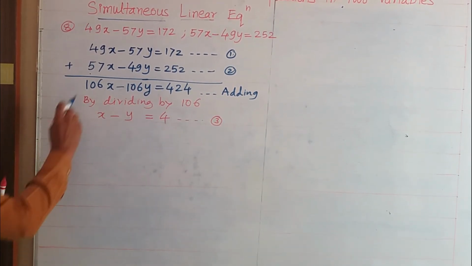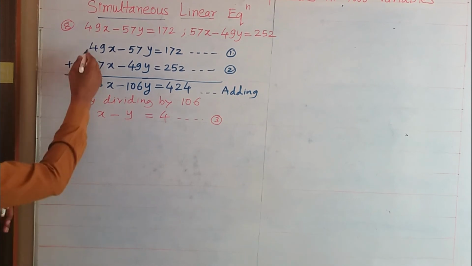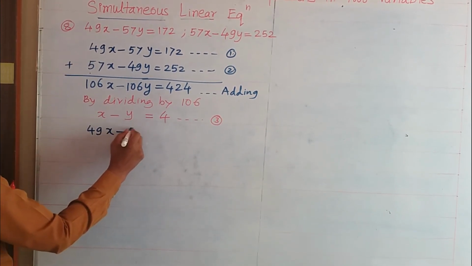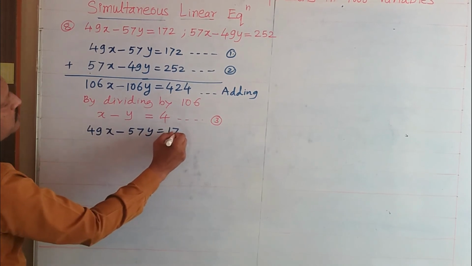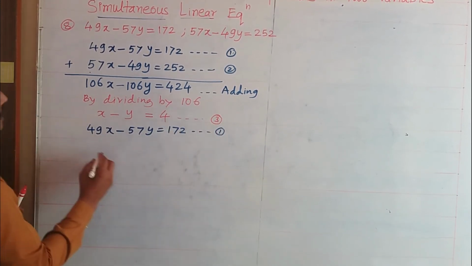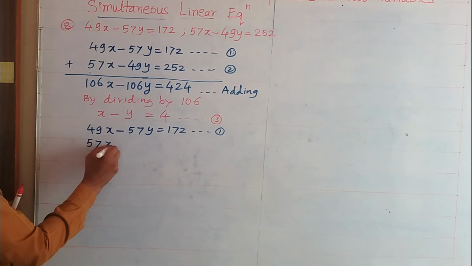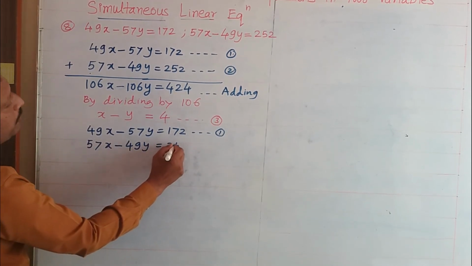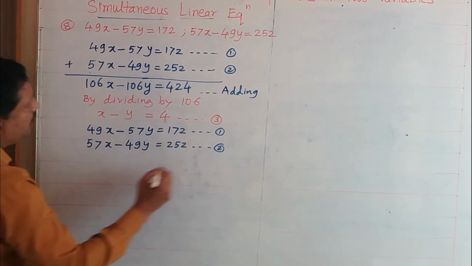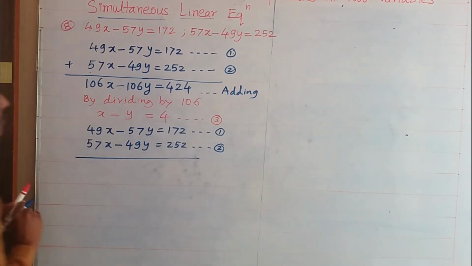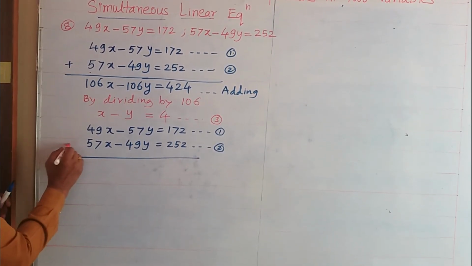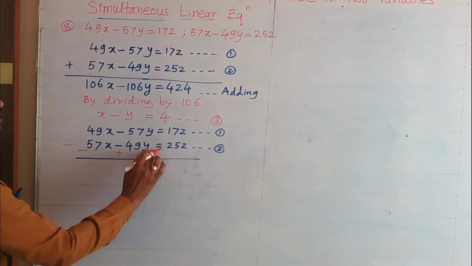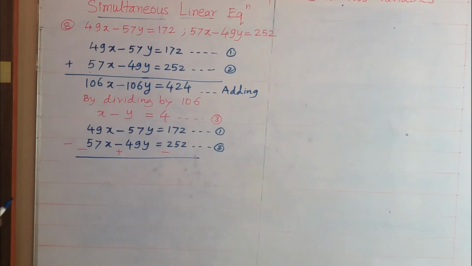Now subtract equation number 2 from equation 1, so we write the equations again. 49x minus 57y is equal to 172, equation 1, and the second is 57x minus 49y is equal to 252, equation number 2. We know that while subtracting we have to change the sign of the terms of the second equation.